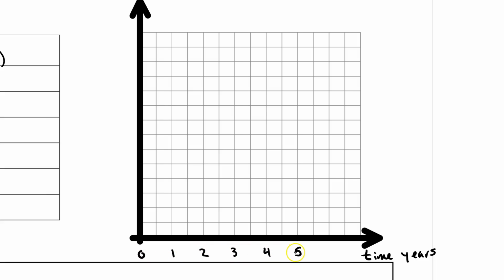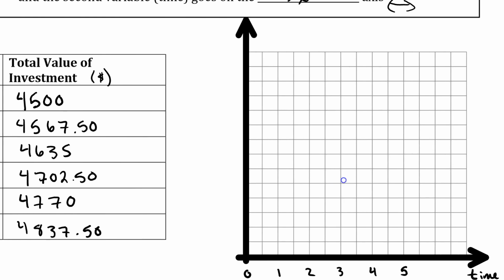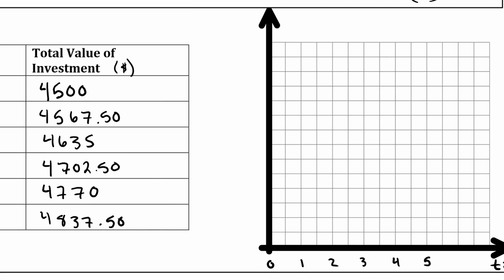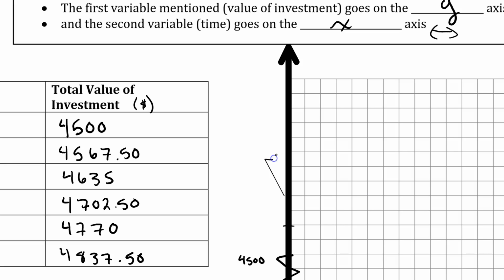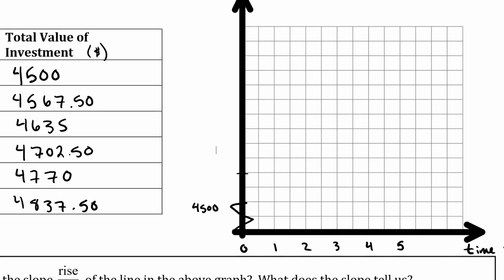It has to go up linearly, just like my y-axis. Which means we're not starting at 0, we're actually going to start at a greater number. So we're going to put 4,500 here, and every single time we go up, we're going to go up 67.50. Let me move this up a little bit.